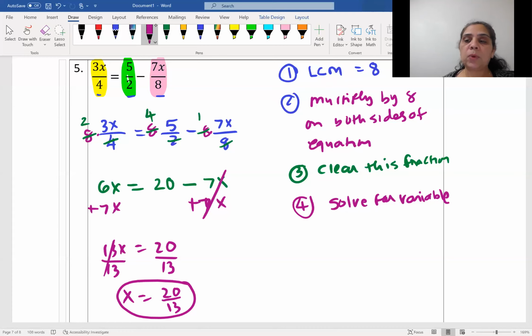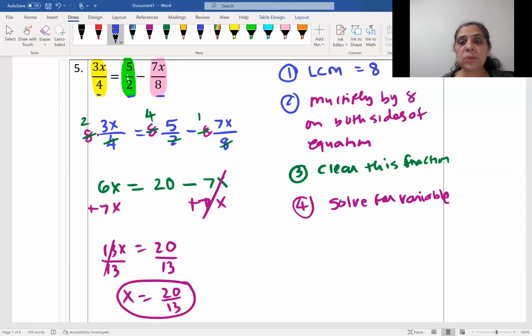So I will not convert my answer to decimal unless it tells you to give your answer in decimal. So I'll just give the original form, which is fraction. So yeah, that's it. So I hope everyone is clear how to solve linear equations with fractions.